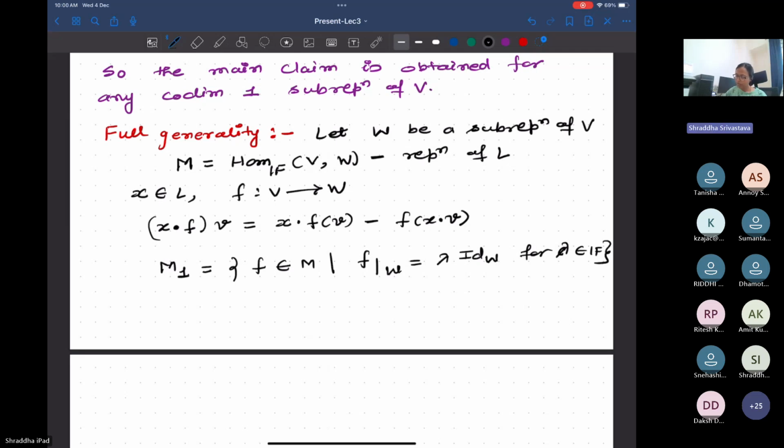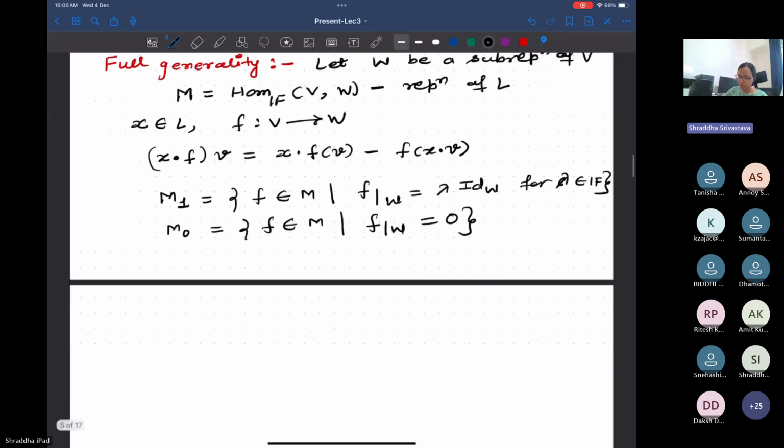I started this because I am thinking of what happened in the irreducible case when W was irreducible and of codimension 1: the Casimir element was satisfying this kind of thing. And inside this, I am going to look at all those F which, when you restrict the linear map to W, actually act as 0. Call this M0.